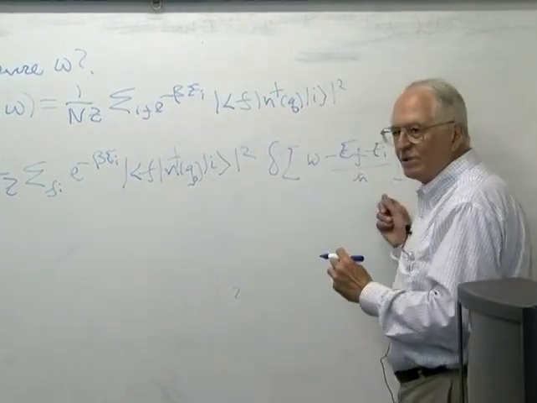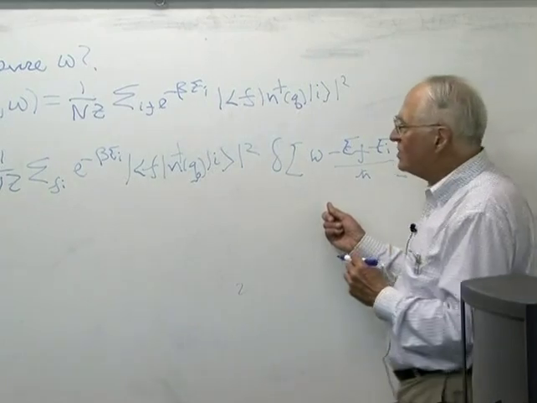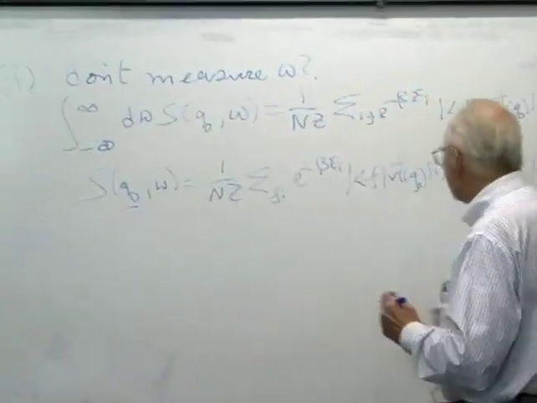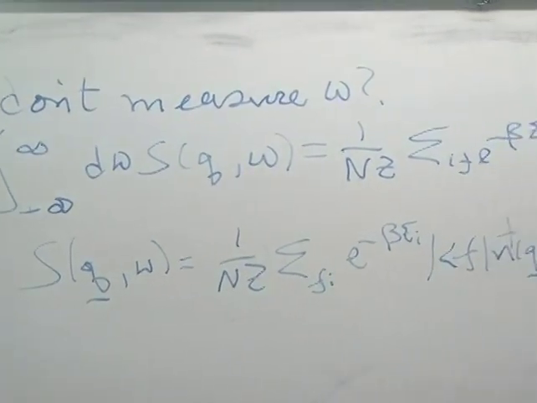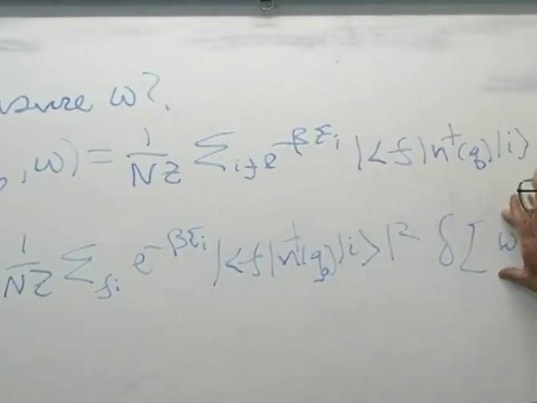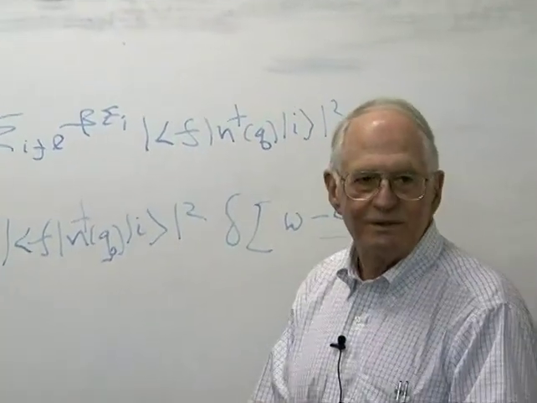And now the integral over omega of this delta function is just 1. Since we integrate over all frequencies, whatever the value of Ef minus Ei is, there's always going to be some omega that counts. So this is the answer, because the integral just eats up the delta function.